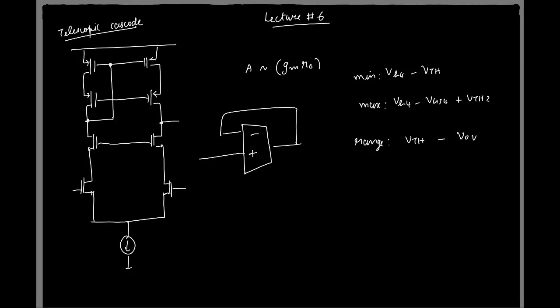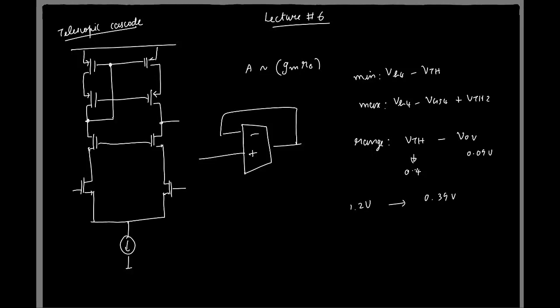And to give a rough example, even if threshold is say 0.4 volt and overdrive voltage is say 0.05 volt, we get only 0.35 volt of swing, irrespective of what your VDD is, right? If your VDD is 1.2 volt, you are losing almost 1/4 of the swing.